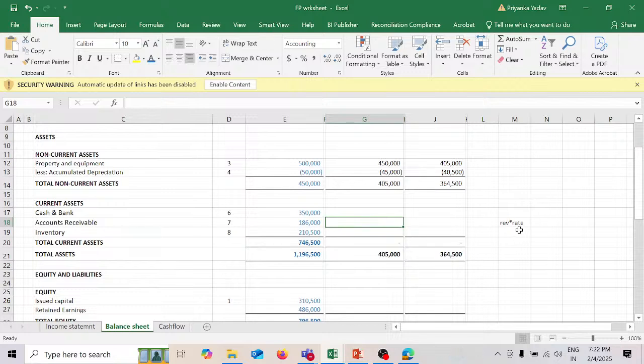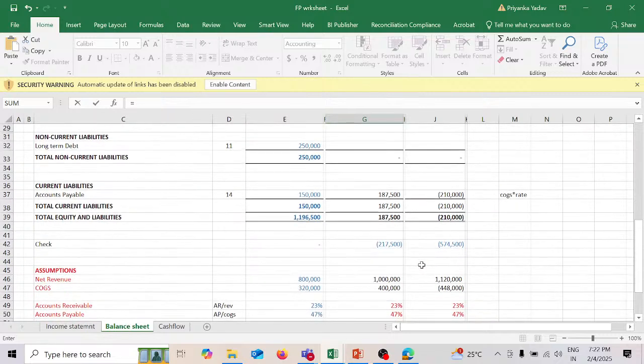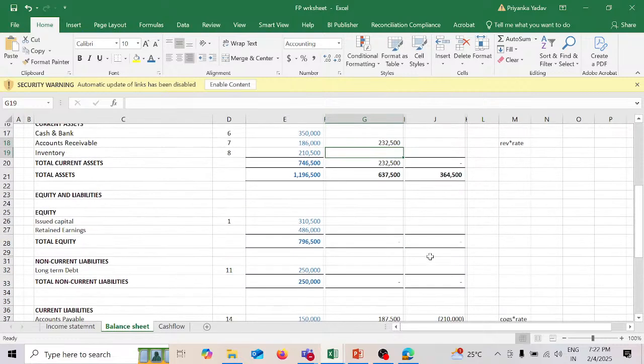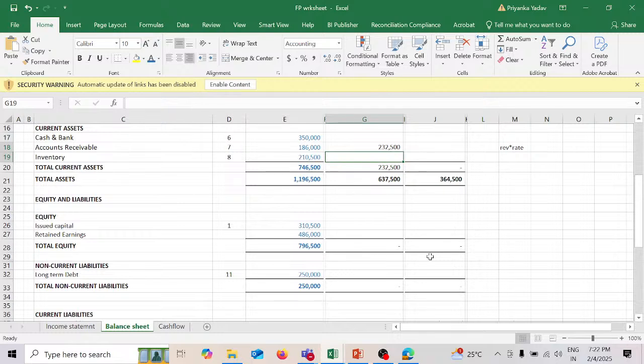It is revenue multiplied with the rate. That means you have net revenue over here coming from your income statement. Multiply this with the rate, your assumption. We'll copy the same for the next year.